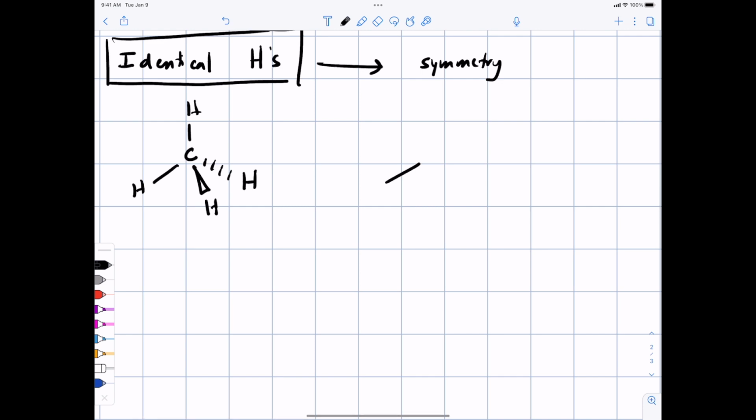Let's see. How many different kinds of protons here? We'll use colors to indicate different kinds of protons. 3, 7, what? 2? Some of you were saying 2.